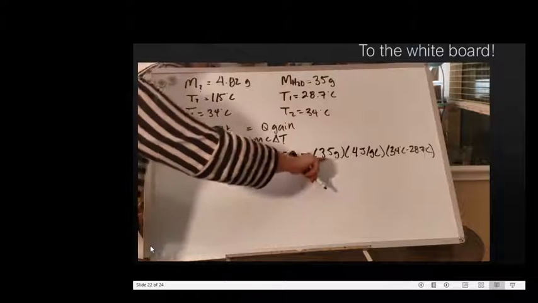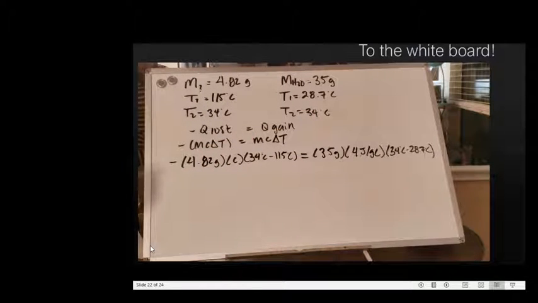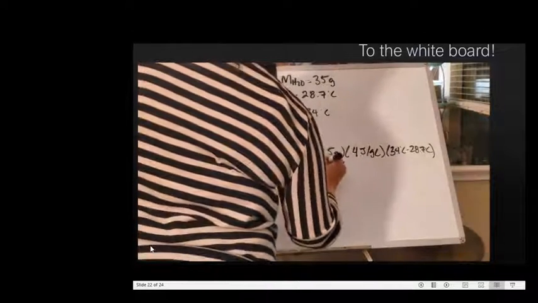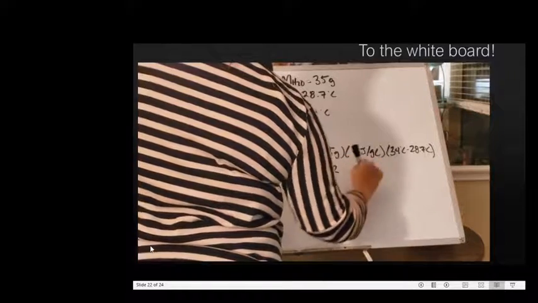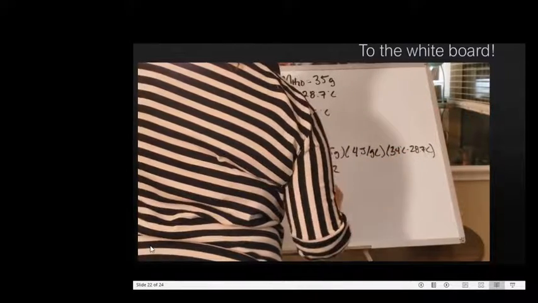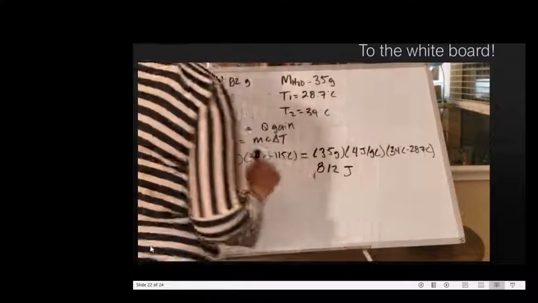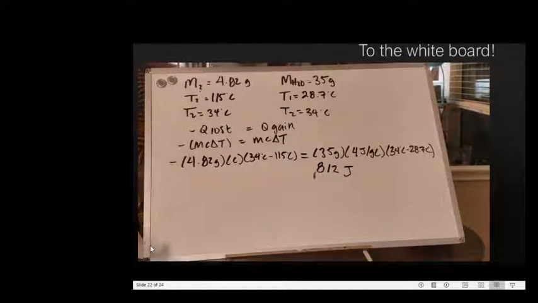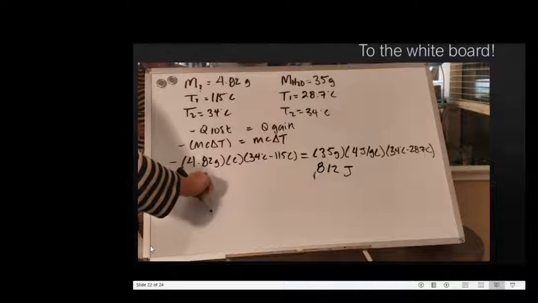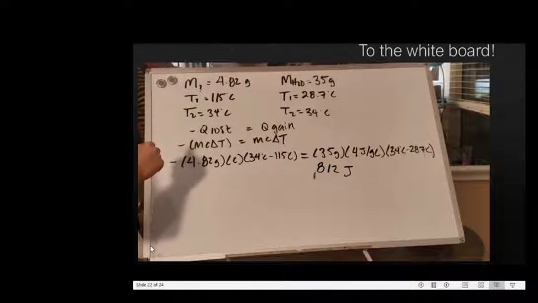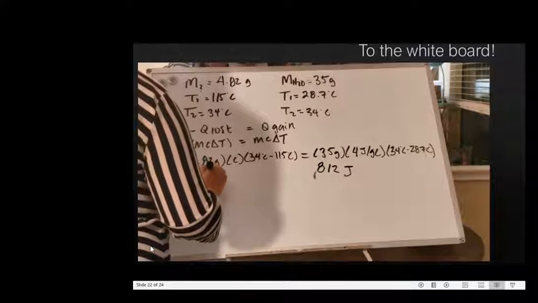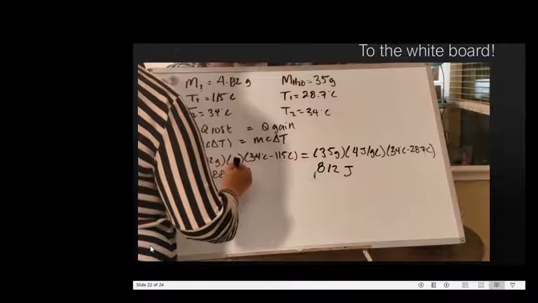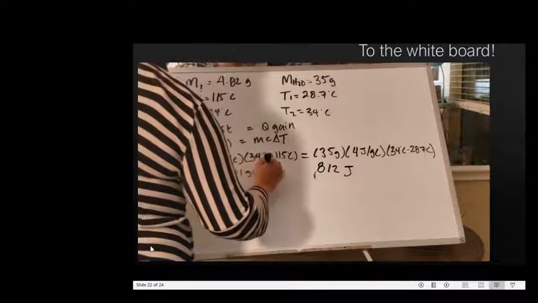And so when we multiply all of this out, we get 812. The grams and the gram cancel, the Celsius and the Celsius cancel, so we have 812 joules. And we subtract and multiply, we get negative 388 times C, the unknown, in grams Celsius.